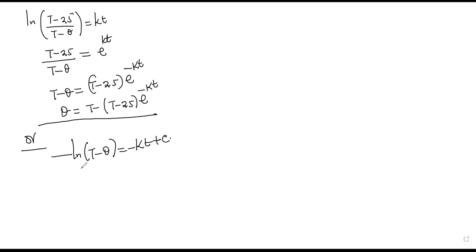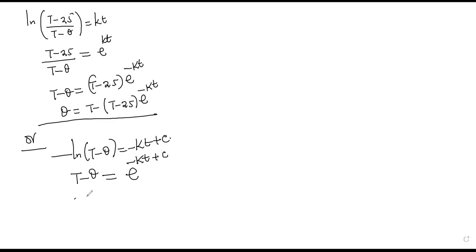At this very point, you can bring in e. When you bring e, we shall be having T minus theta is equal to e to the power negative kt plus a constant.